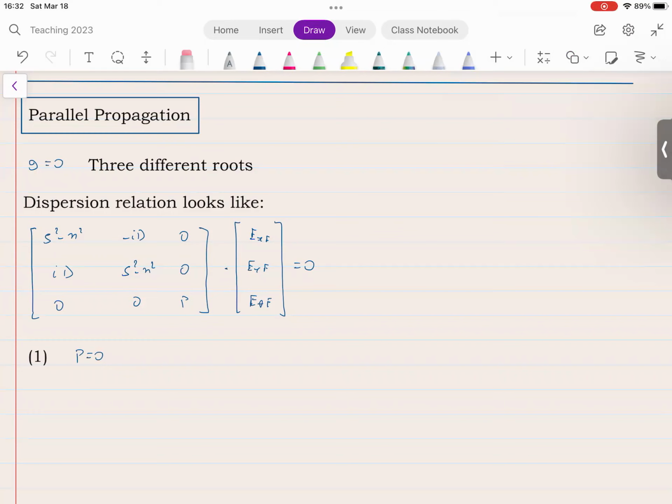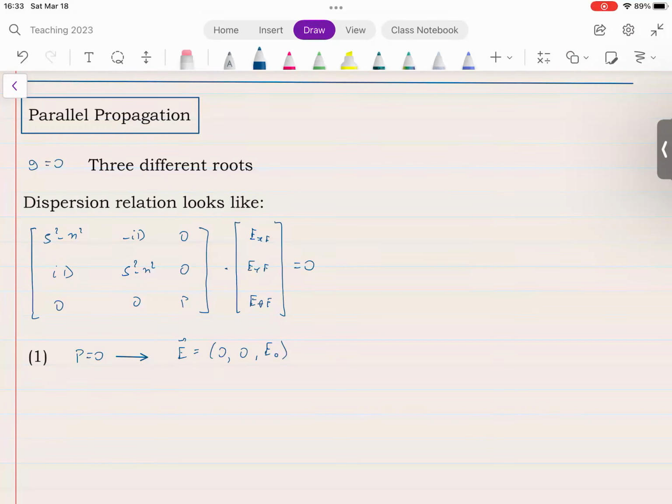Well, this is easy. This implies that E is 0, 0, EZ, or let's see, the book is using E0.